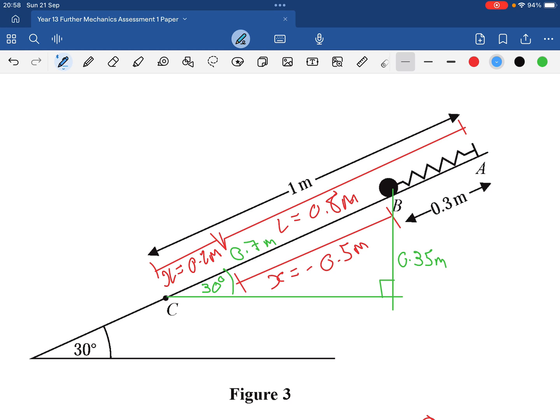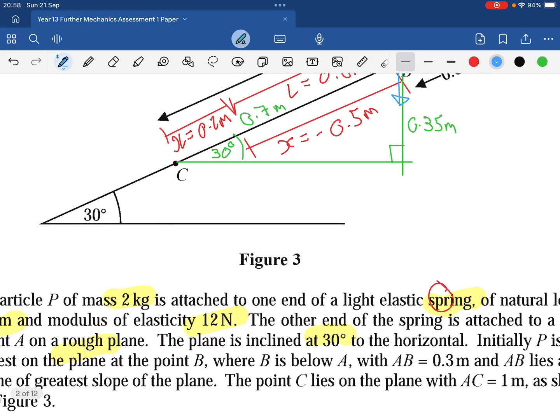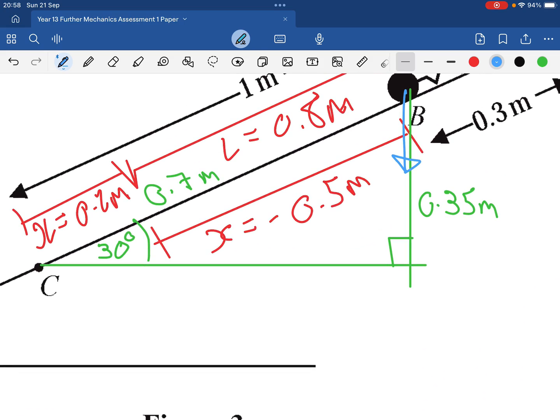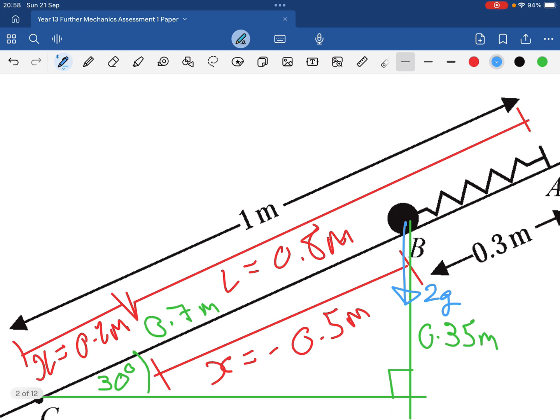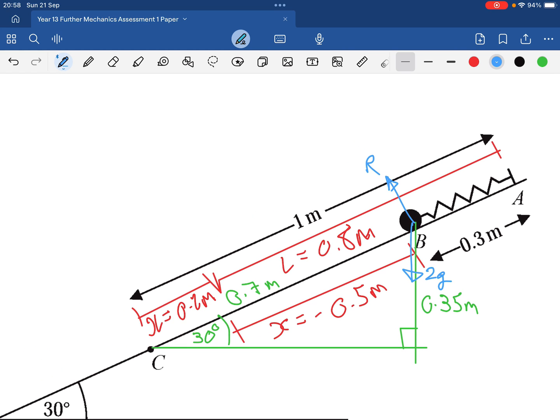Next thing I would think about is forces involved in this diagram. So going straight down, we've got an mg for a particle of mass m. What is the mass of ours? 2 kilograms. So we're going to have 2g going down. Perpendicular to the plane, we're going to have a reaction force, capital R. And acting parallel to the plane, along the plane, we're going to have friction.